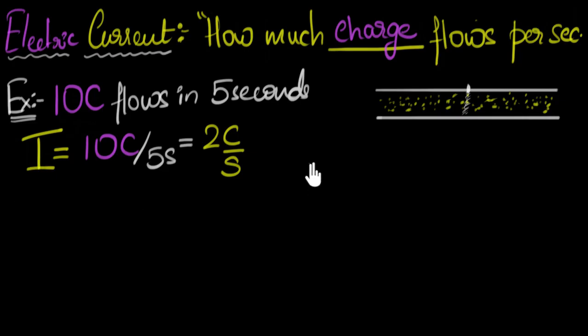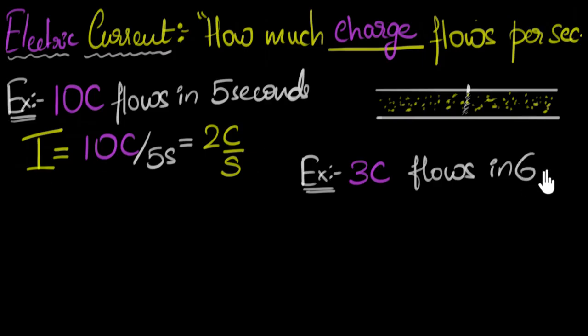Let's take another example. Let's say, again, you take a different wire, different current, and now you find out 3 coulombs flows in 6 seconds. Can you calculate what the current is going to be over here? Pause the video and see if you can try this yourself first.